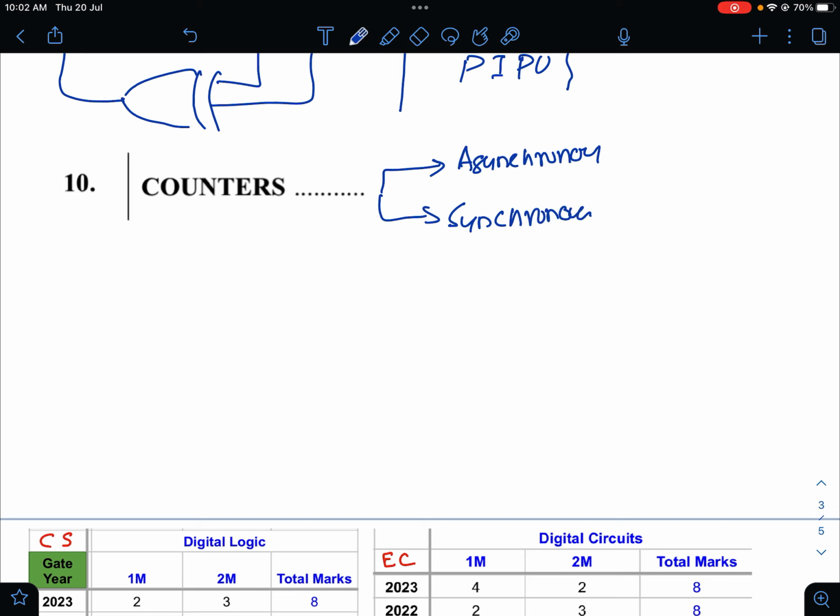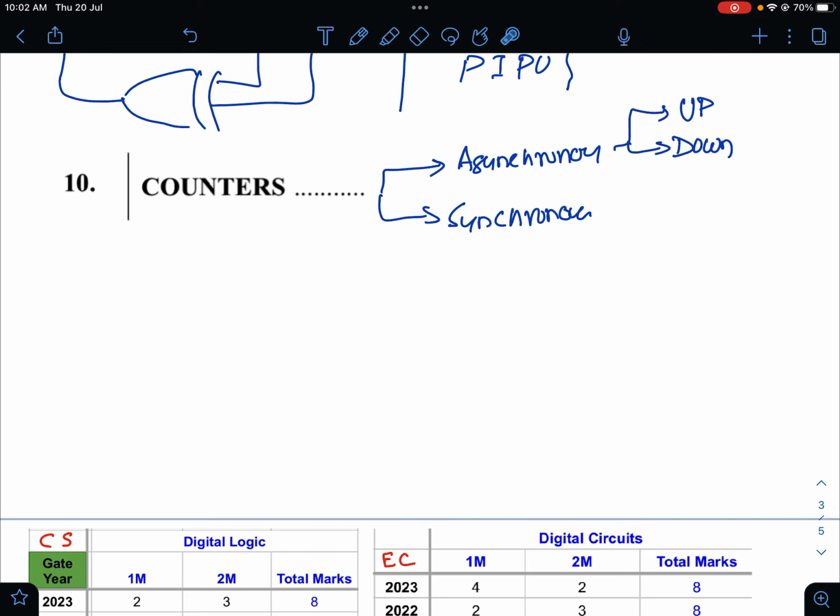In the asynchronous type counter, students, you should know what is an up counter, what is a down counter, and what is an up-down counter. There are certain observations you should know, like the initial count of a counter repeats on integer multiples of the mod number. By observing a particular circuit, whether it's an up counter or a down counter, that kind of question they're asking.